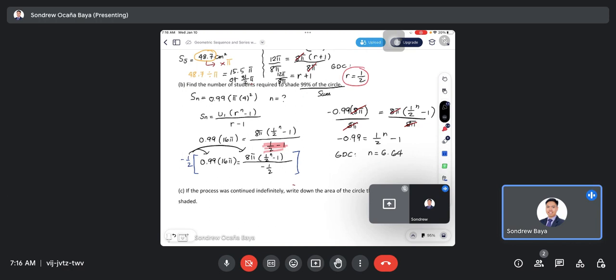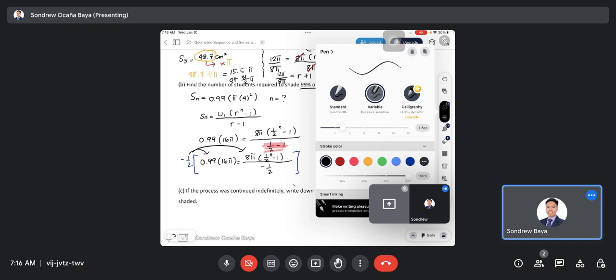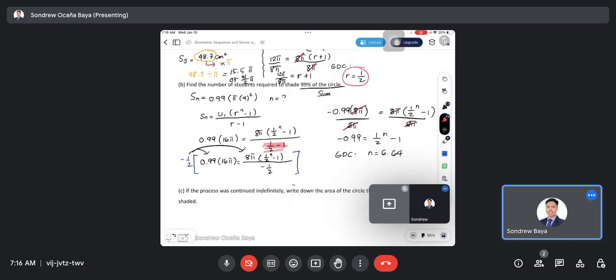Now, take note, we're talking about students. So we cannot have a fraction, like lesser than 1 student. There's no such thing as 0.64 student. This doesn't exist, no? And if we go for 6, it will not reach 99%.